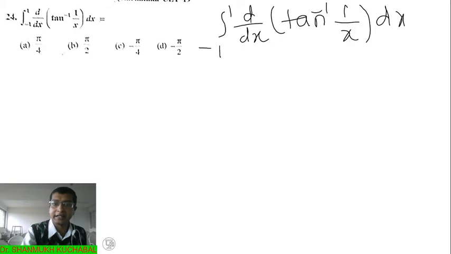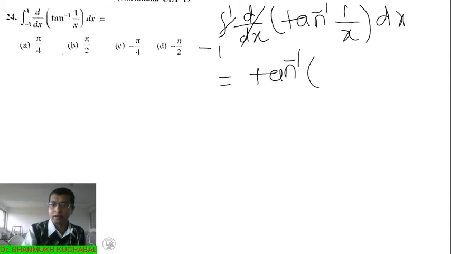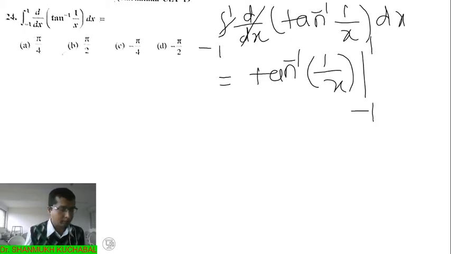So here integration and differentiation are both together. We all know integration is the opposite process of differentiation. Now integration and differentiation cancel, so we get tan inverse of the function as it is, 1 by x, and without forgetting we have to take the limits, from minus 1 to plus 1.